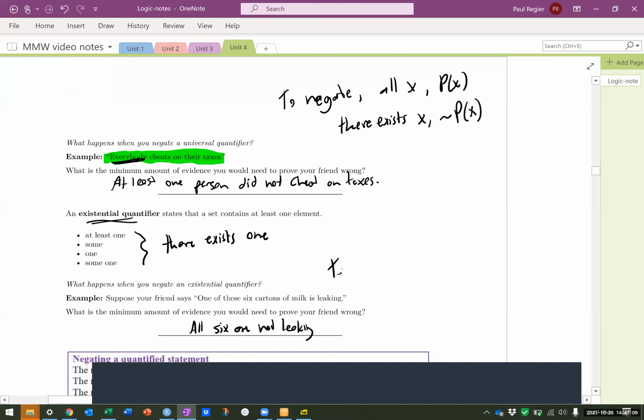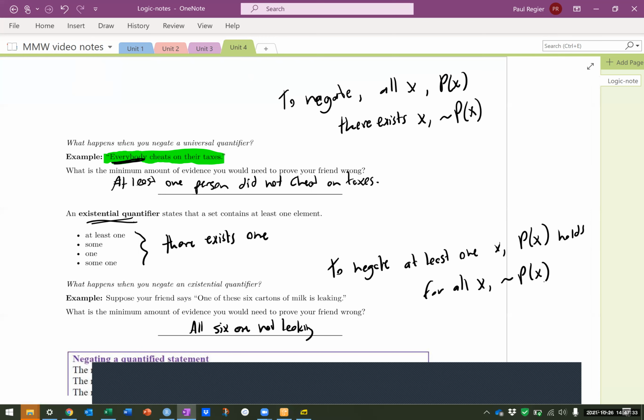So notice, to negate at least one x, p of x is true, you should say for all x, not p of x. P of x is false. So notice the existential and universal, when you negate one, you get the other.